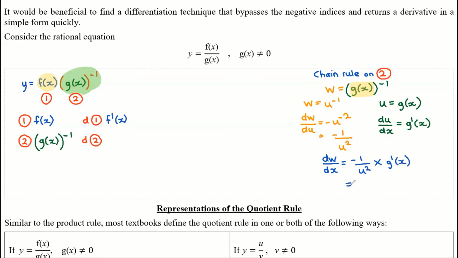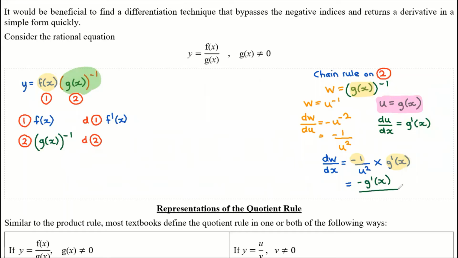And putting it all together, in the numerator, I've got the -1 here multiplying the g dash x. So that's fine. So I've got negative g dash x in the numerator. And in the denominator, I've got u squared. Well, u was defined as g of x, wasn't it? We defined that earlier. It's right there. So u squared in the denominator, let's put that in.